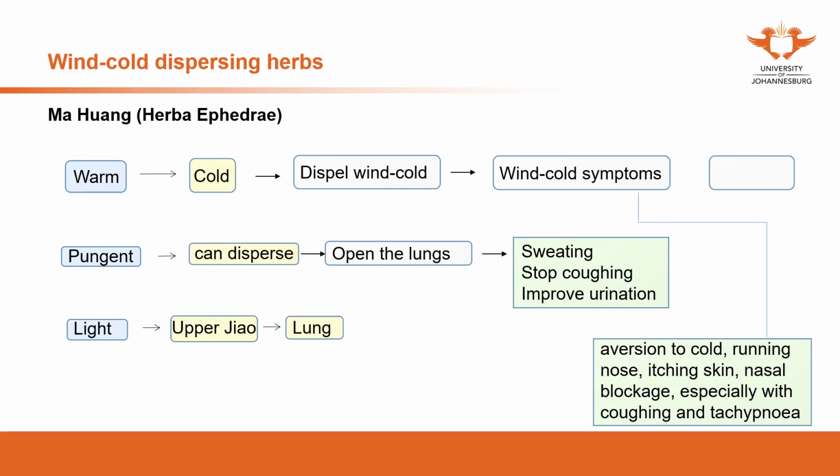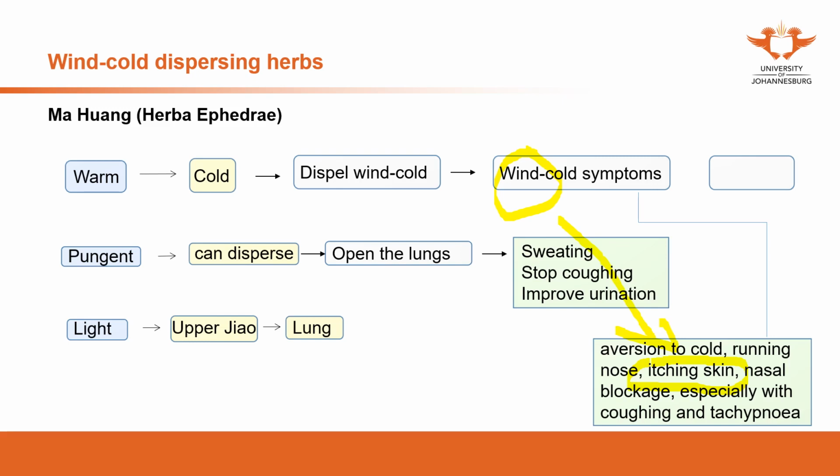We also can use Mahuang in skin disorders, the itching skin due to wind. Why can we use it for itching skin? Because the lung is related to the skin. Also, the itching is related to the wind. Because Mahuang can dispel the wind, that's why it can be used for itching skin.